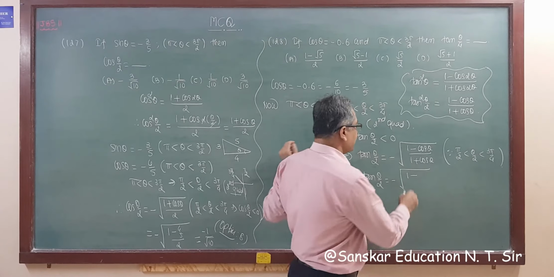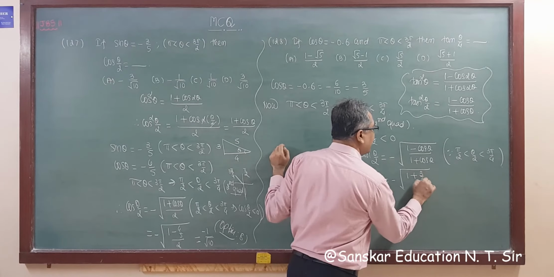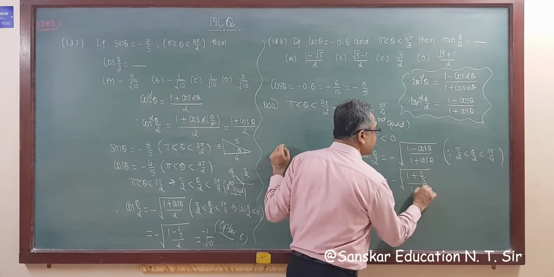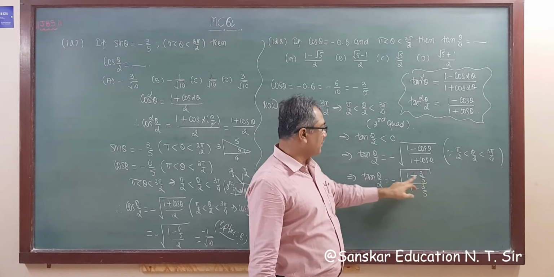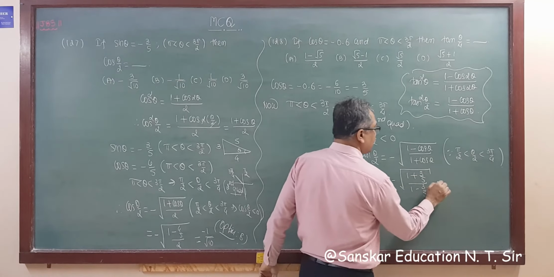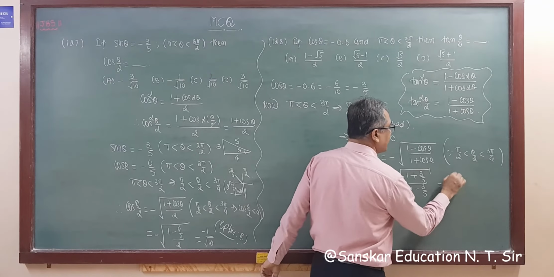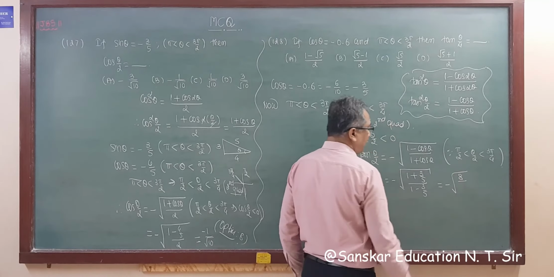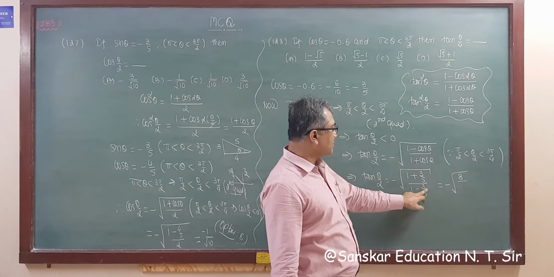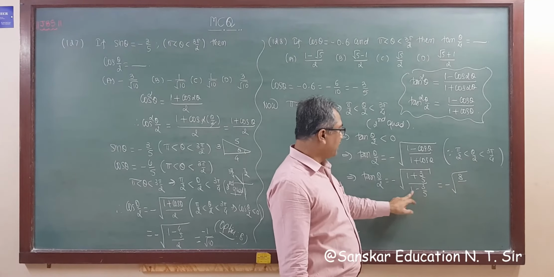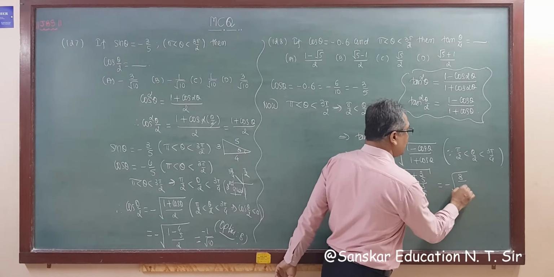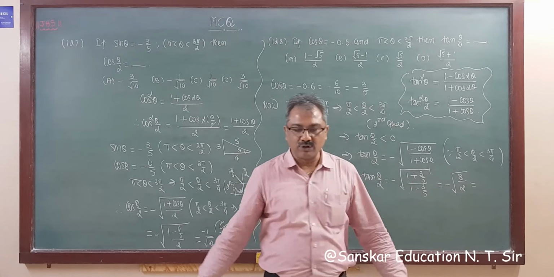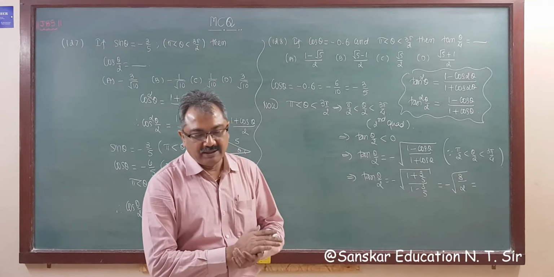So minus minus plus. So this is 3 by 5 whole upon 1 minus 3 by 5. So 5 is LCM. So 5 will be cut. So 5 plus 3 is 8. So this is minus square root of 8 whole upon 5 minus 3. 5 minus 3 is 2. So this is square root of what we get?